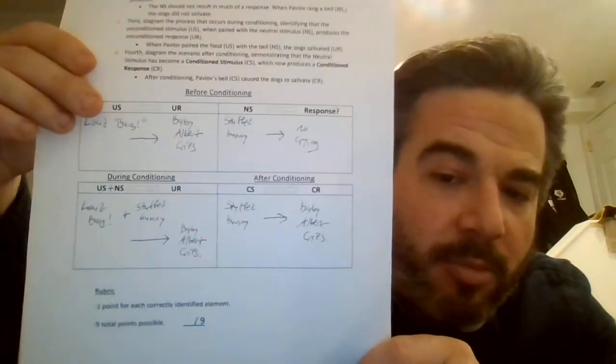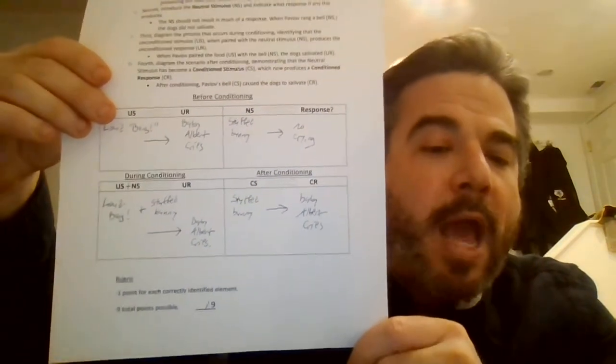In the baby Albert case, when baby Albert eventually was presented with the stuffed bunny, he became startled and scared and started to cry, whereas previously he did not show that response to the stuffed bunny. He was conditioned to associate the bunny with that feeling of fear in response to being startled. The bunny has now become a conditioned stimulus, and the fear and crying has become the conditioned response.